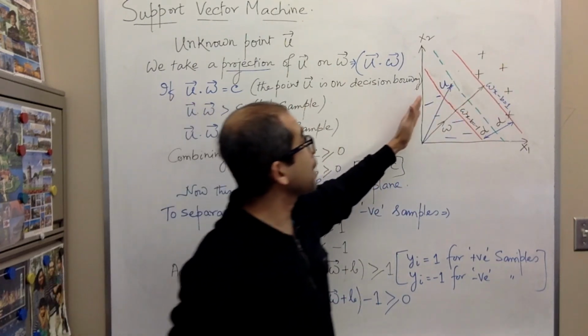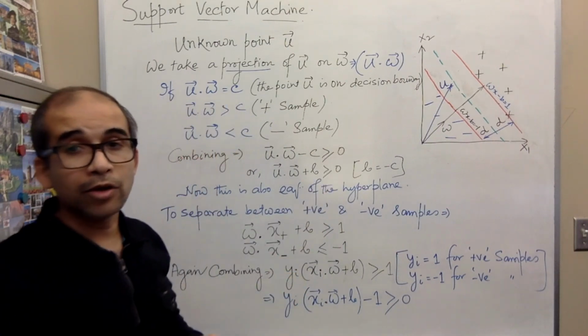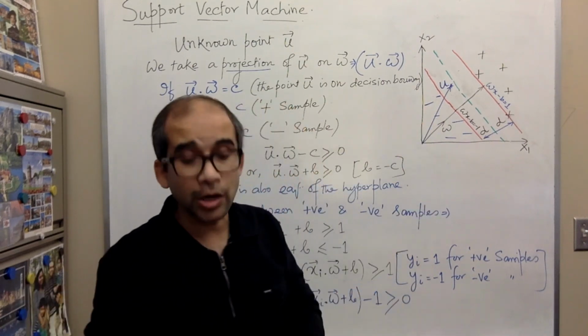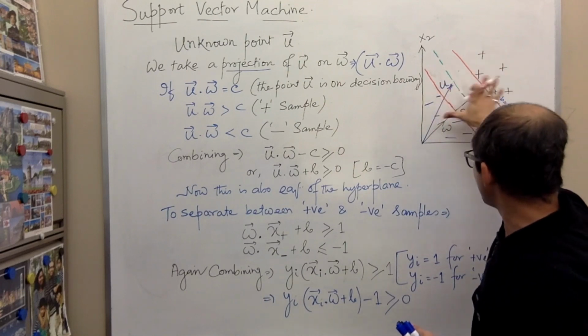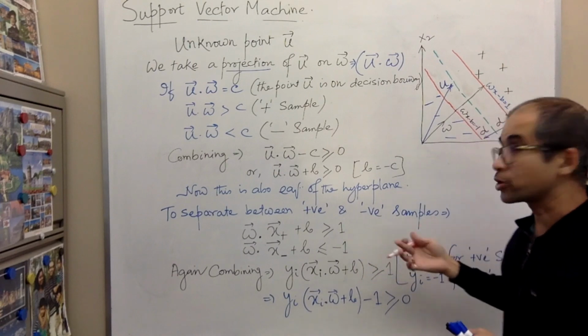So what do we do? We take a projection of this vector on W, like everything we have studied so far. Projection is nothing but a dot product. So we make u dot W, and if the projection goes above and beyond the decision boundary, then we say this is a positive sample.